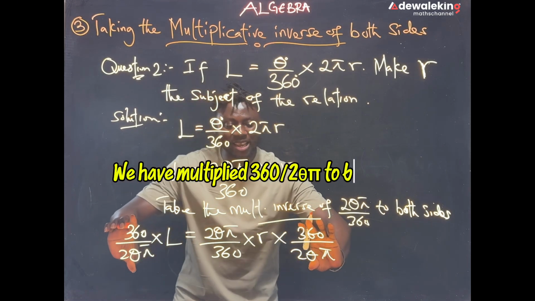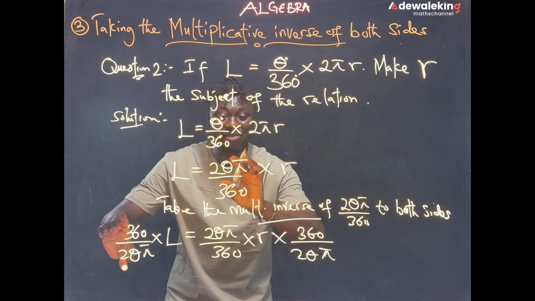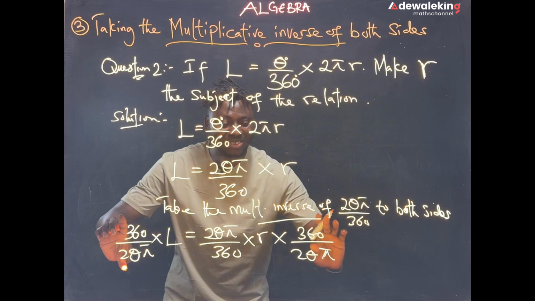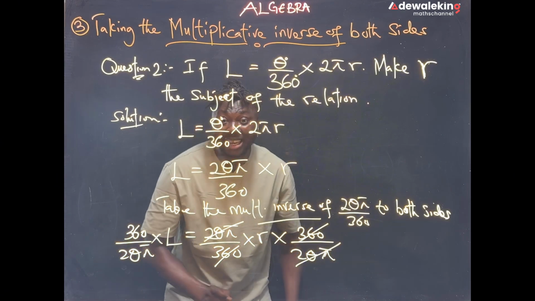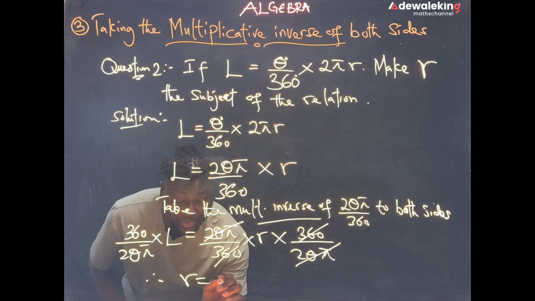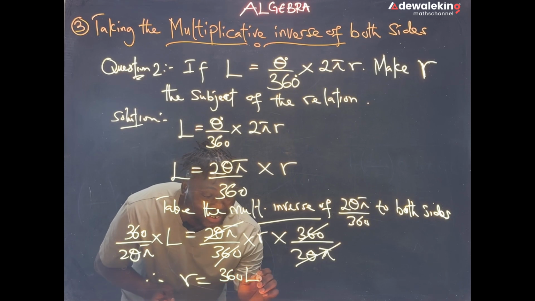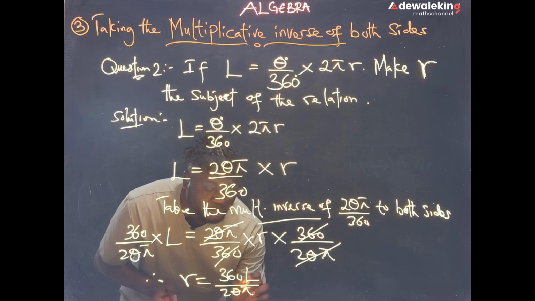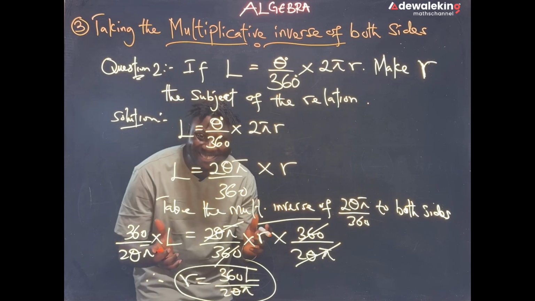So we have multiplied this, that is the inverse of this, to both sides. So this will cancel this. This will cancel this. So we are left with r. So we say, therefore, r, we can flip it around. R is now equal to 360 L over 2 theta pi. And that will be the answer.